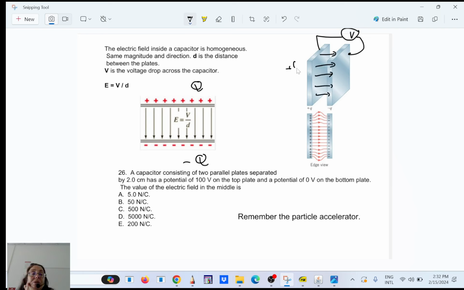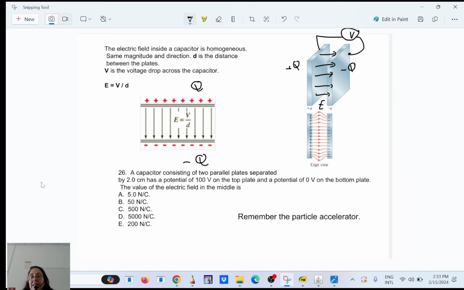You have charges all over, and in between, you have a uniform electric field. And you have a relationship. So you will write distance lowercase d. You have a relationship between the electric field, the distance between the plates, and the voltage. Okay?